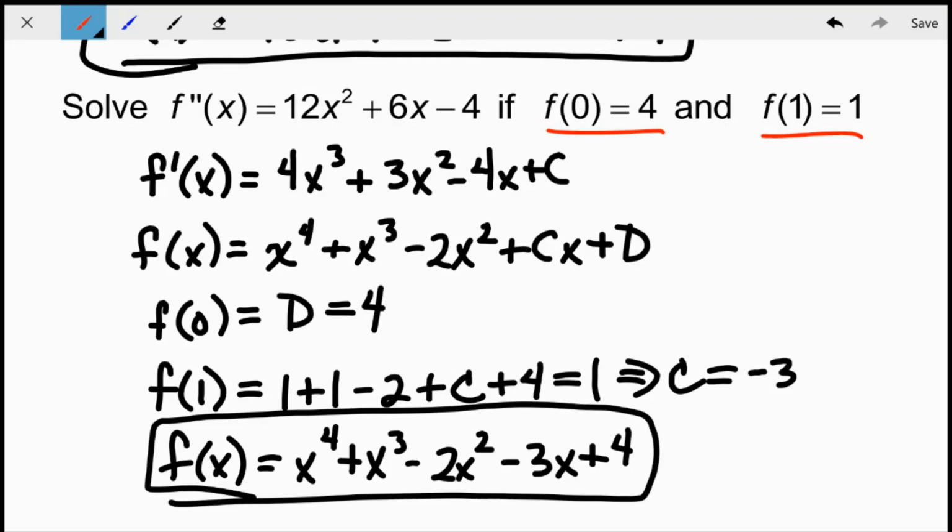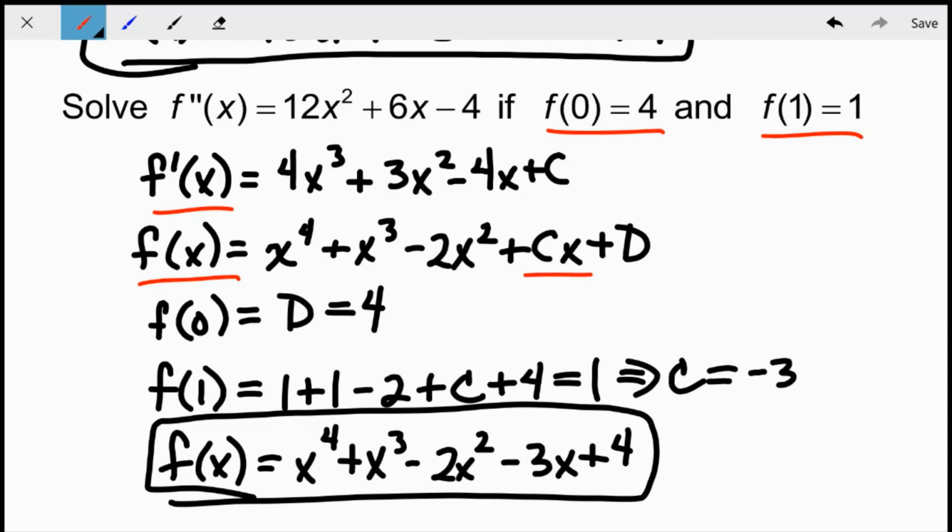There's going to be a c and then a second arbitrary value that you're going to have to find. Okay, so first thing I did was get my antiderivative to get my f prime. So notice I have a plus c. I don't know anything about the derivative, so I don't have anything that will allow me to solve for c right now. So then I took the antiderivative again and got the original function.